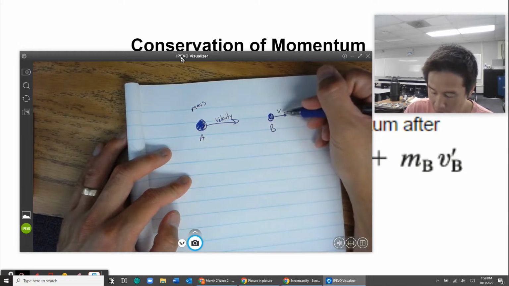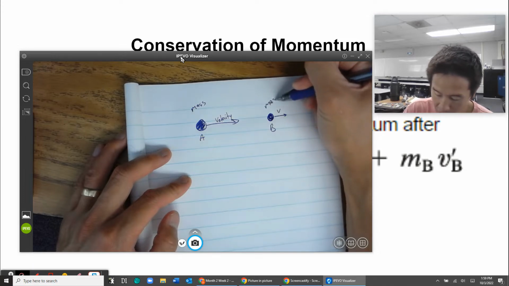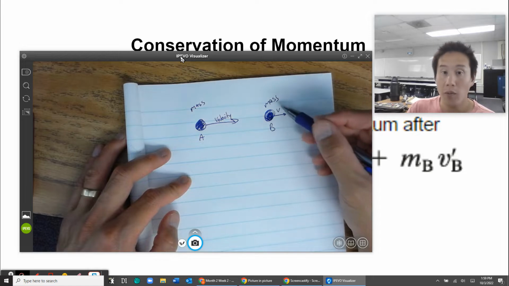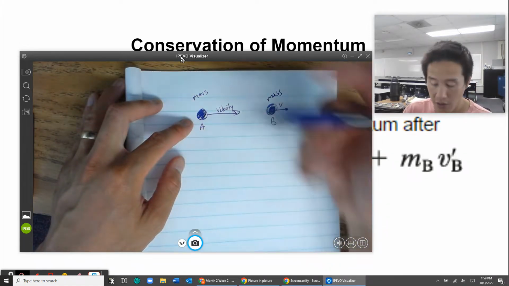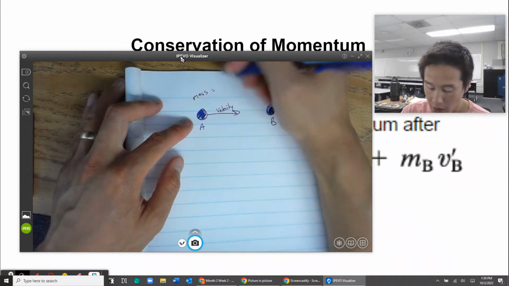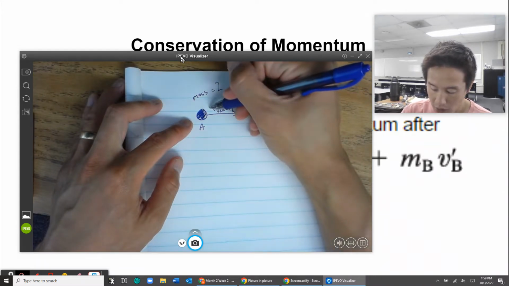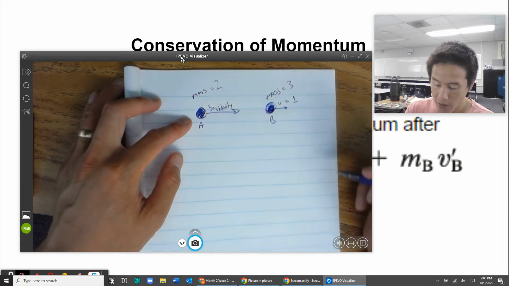Its velocity was not quite as fast, but its mass was probably a little bit different. I don't really know, okay? But let's just take an easy number like 2 and 3, okay? Mass over here was 3, and I'll just say 1, okay?